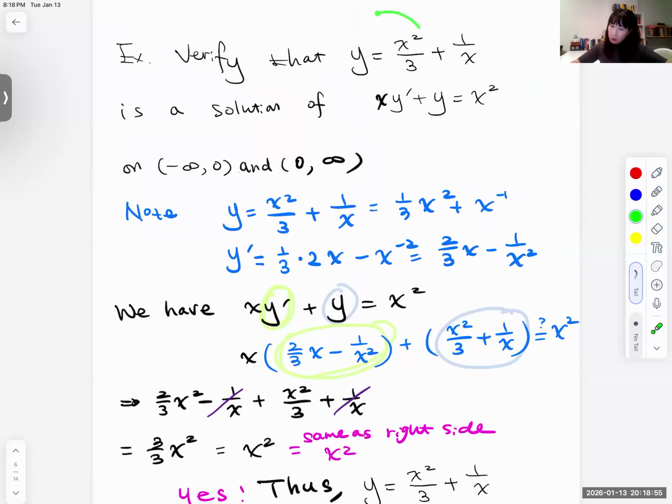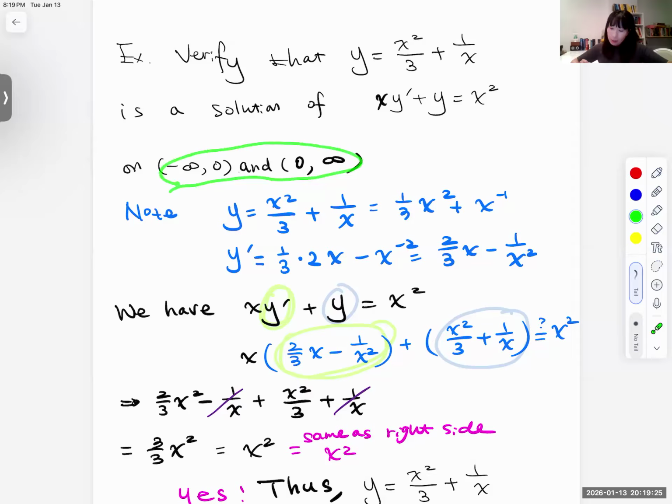Earlier we had y equal to the given function and we found y prime, plugged it in, substituted y, and checked whether it was the same as x squared, that is, whether it is a solution on this interval.